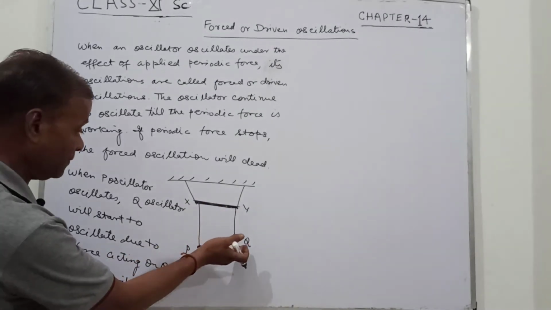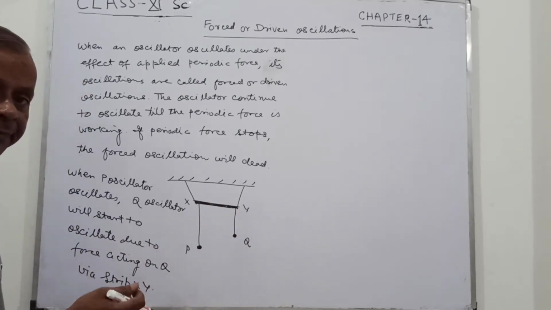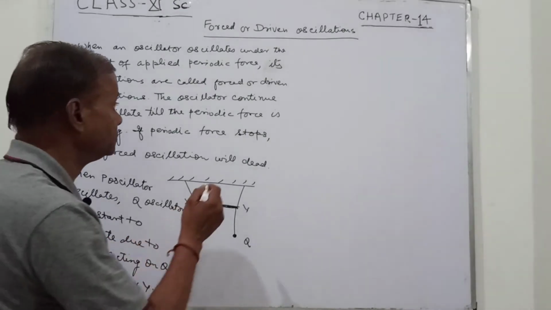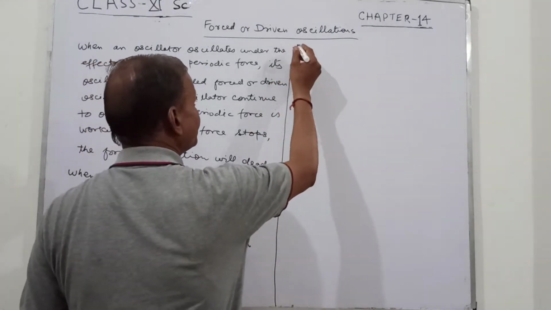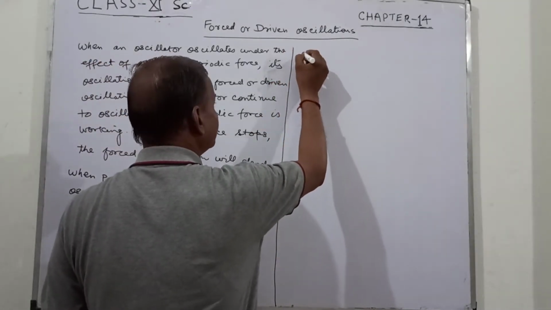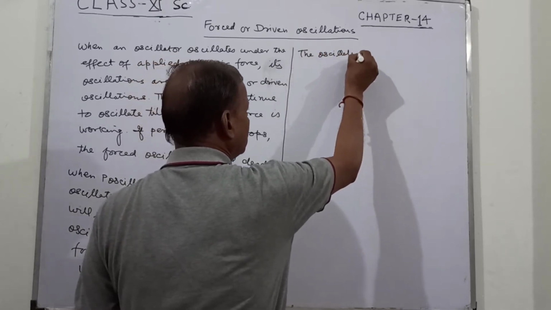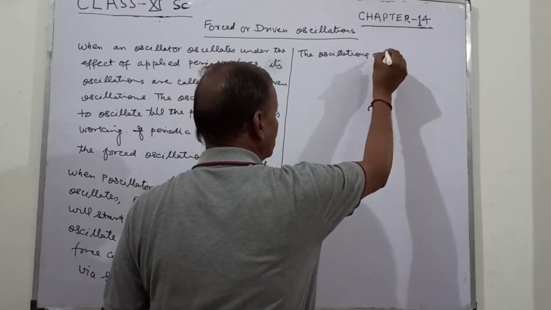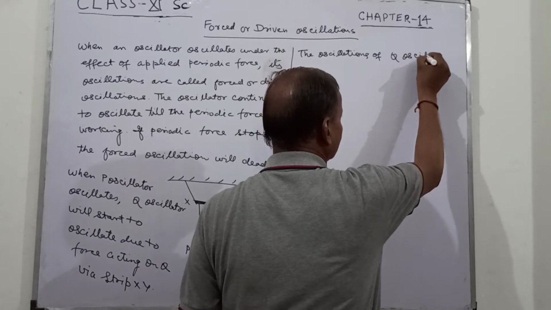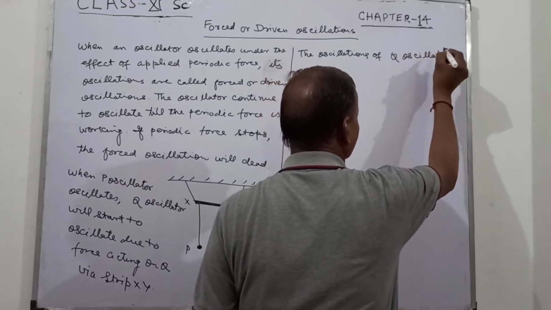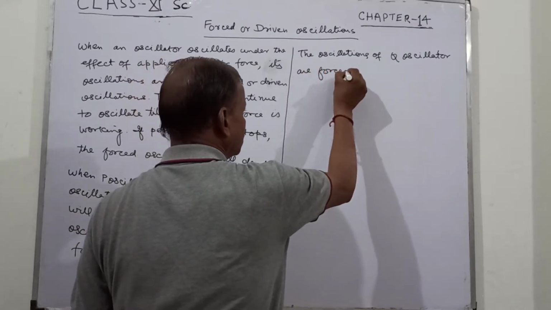So the pendulum P is driving, and the oscillations of the Q oscillator are forced oscillations.